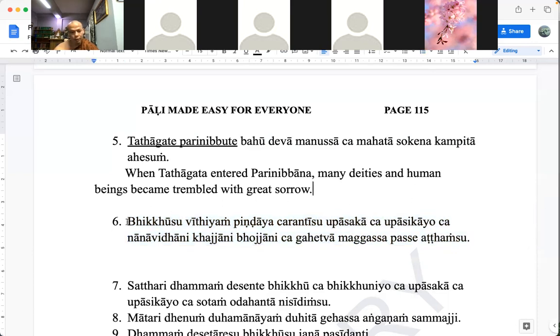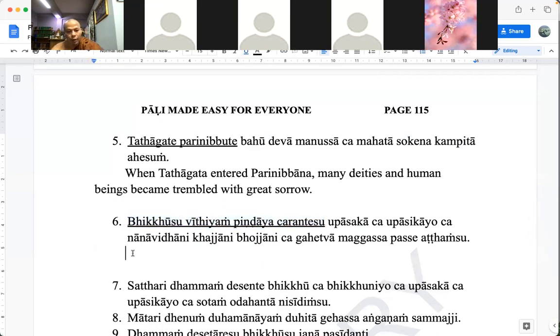Okay, so in this sentence also Bhikkhusu and then Jarandisu. Bhikkhusu with the locative case, and then Jarandisu, sorry, Jarandisu should be. Jarandisu, Bhikkhusu, Vitiyan, Bindaya, Jarandisu. So that is also locative absolute.